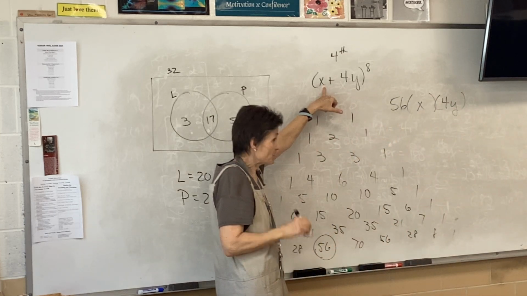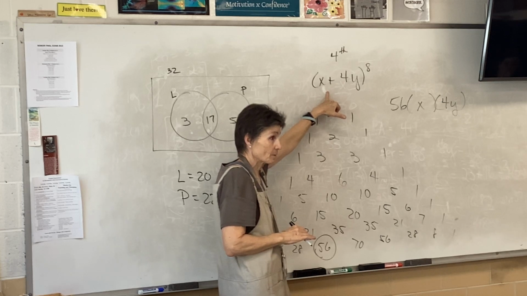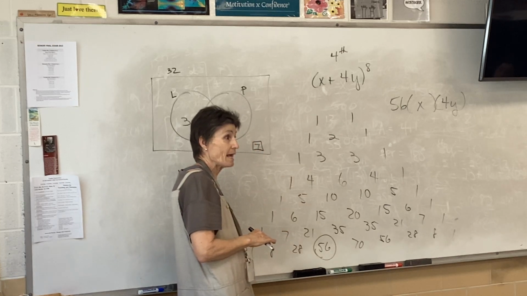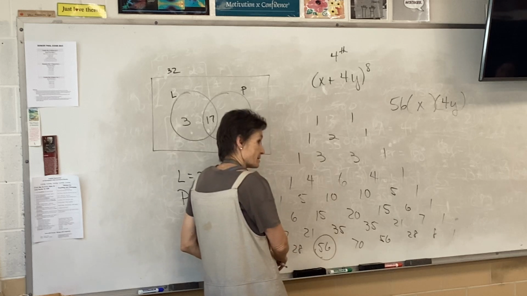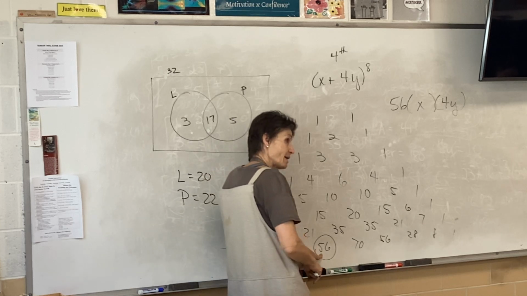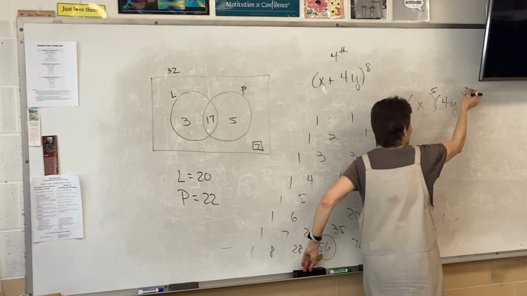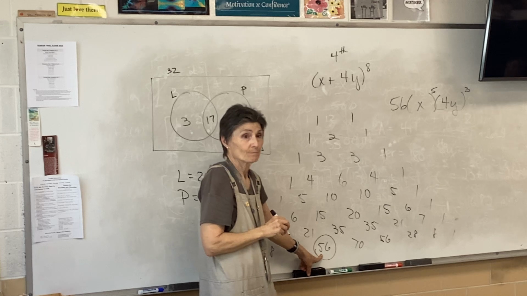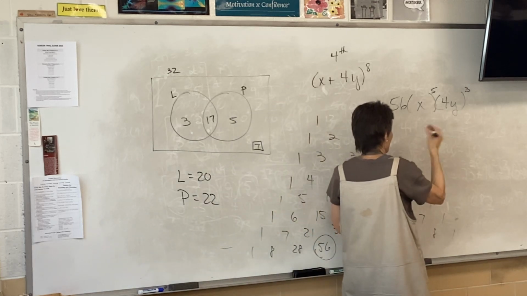And then I would be just about done, but I need my exponents. So if I were writing out the whole thing, this exponent would be 8 on the X. This would be X to the 8, 7, 6, 5. And if that one's a 5, this one will be a 3 because they have to add up to 8. And then I gotta look at this and multiply it all together.